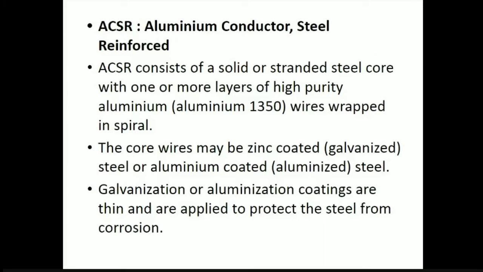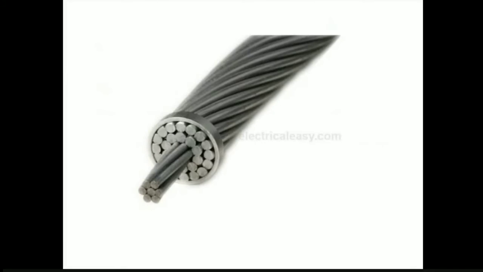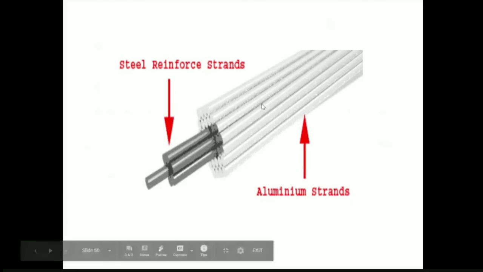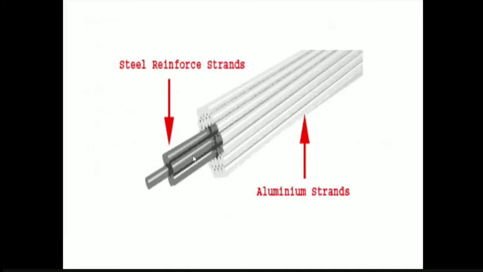Galvanization or aluminization coatings are thin and are applied to protect the steel from corrosion. So, aluminum strands are provided over steel strands. Steel is used for providing more strength to the conductors.